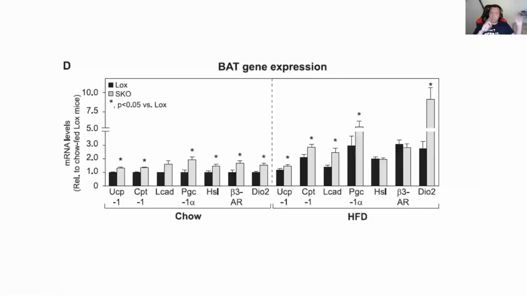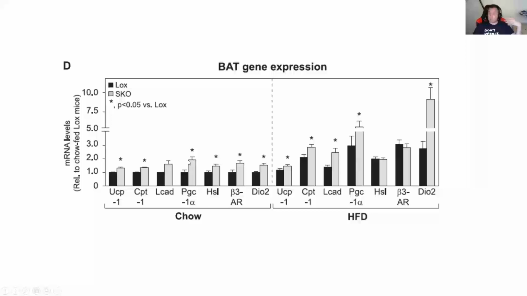So this is going back to the skin knockout of SCD1. Despite this being a gene exclusively knocked out in the skin of the animals, you saw a big upregulation of genes involved in thermogenesis in BAT. So BAT was, in this case, the effector of the heat production. Increased UCP1, increased CPT and LCAD, which are responsible for beta oxidation.